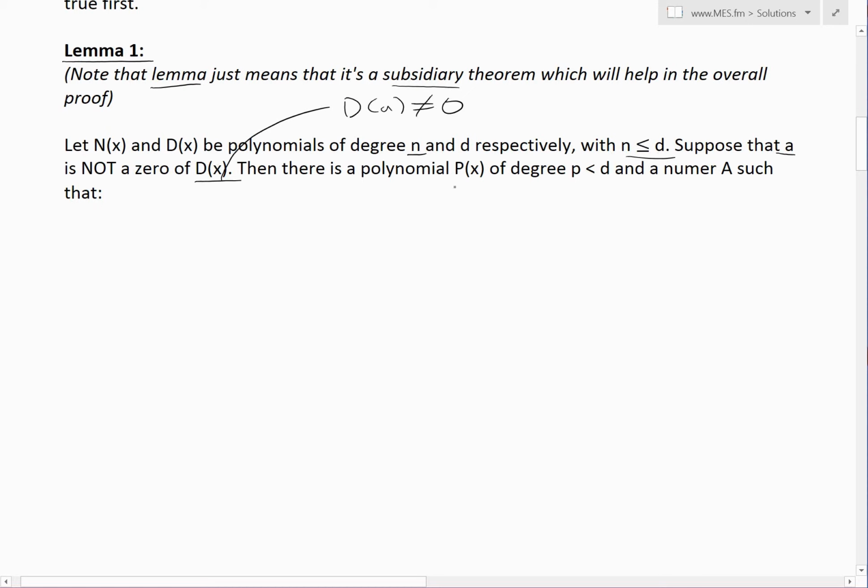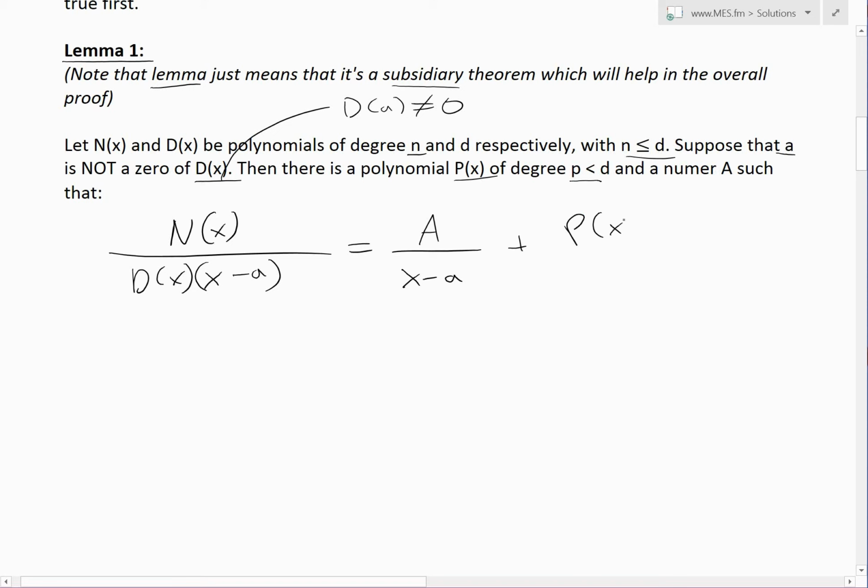Then there is a polynomial p of x of degree less than d, and a number a, such that, and I'll explain this all in a bit, n of x over d of x times x minus a equals a over x minus a, a partial fraction like this, plus p of x over d of x.